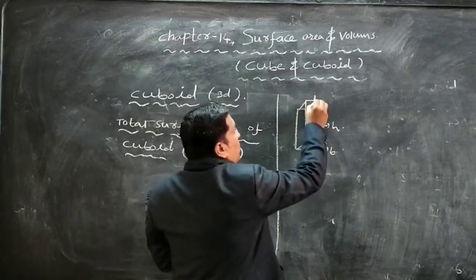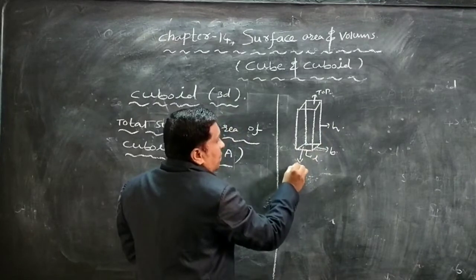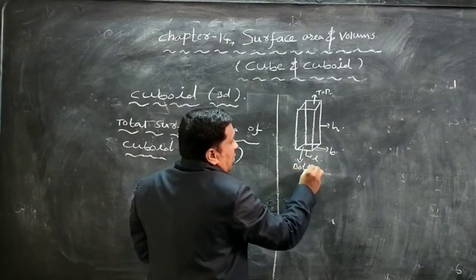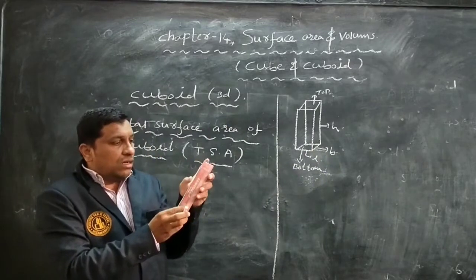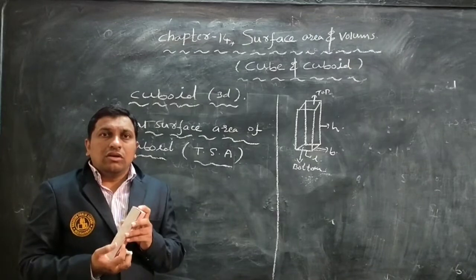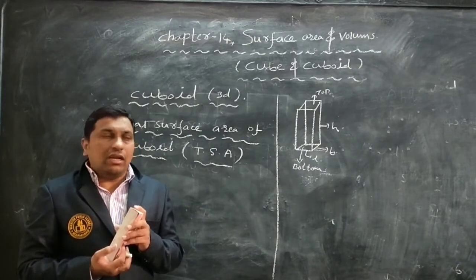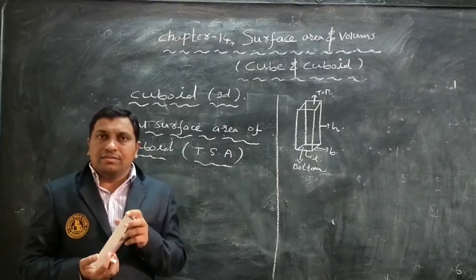This is the top and this one is the bottom. So we have to verify the geometrical proof of the total surface area of a cuboid, TSA.